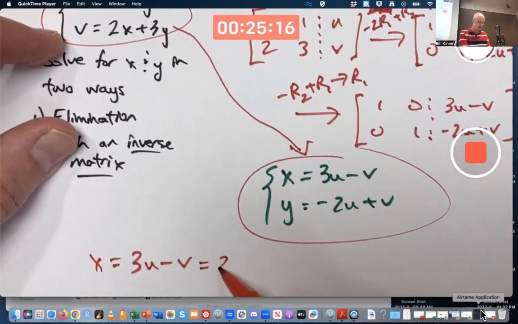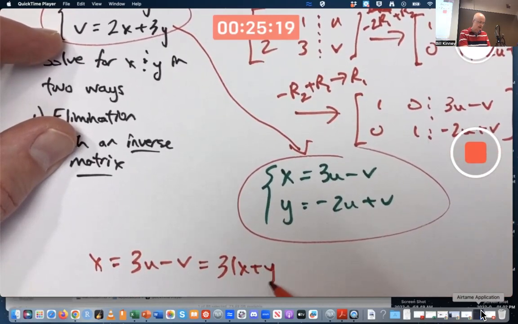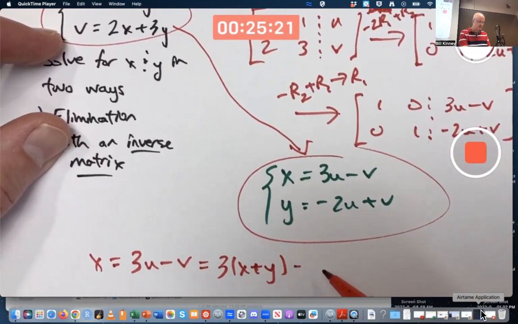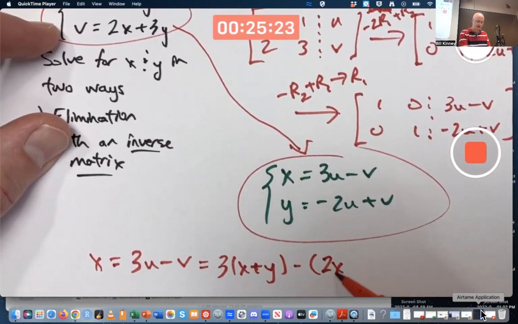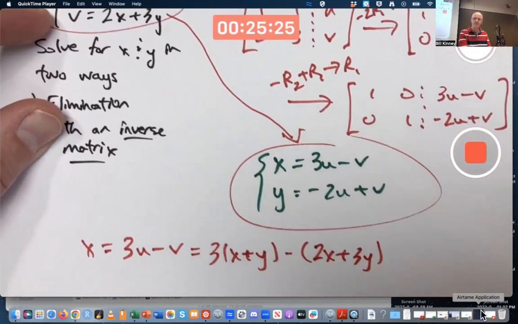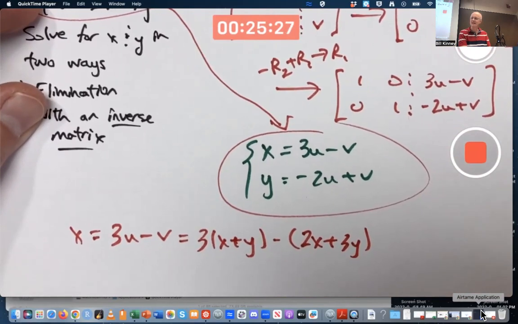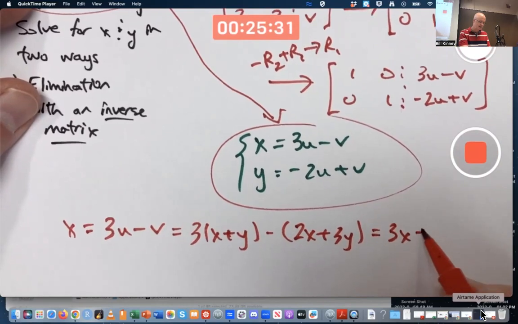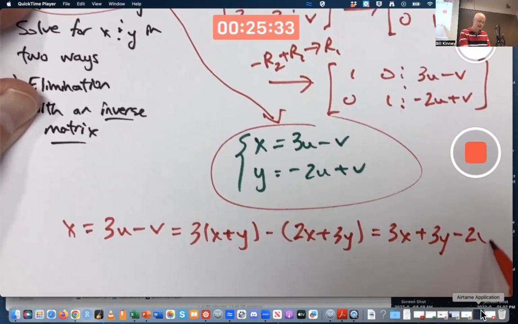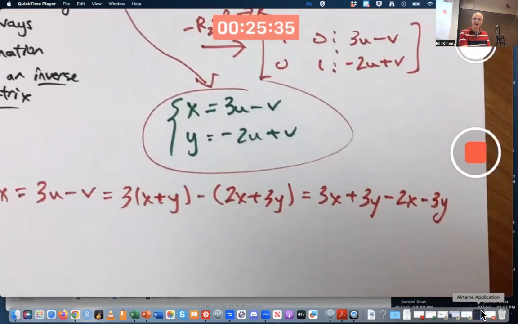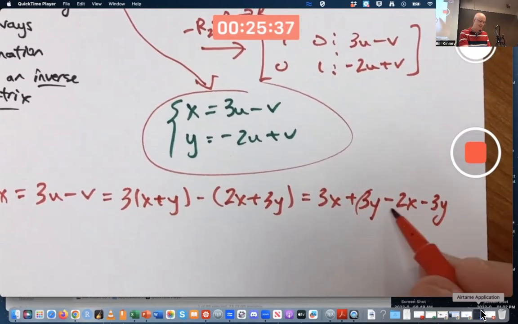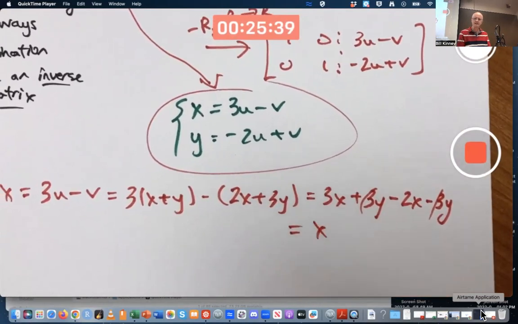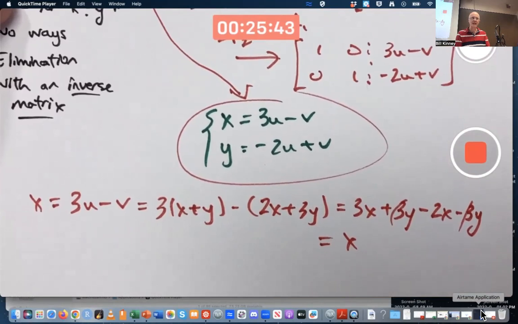U gets replaced with x plus y, v gets replaced with 2x plus 3y. I'm going to end up with something very profound. X equals x.